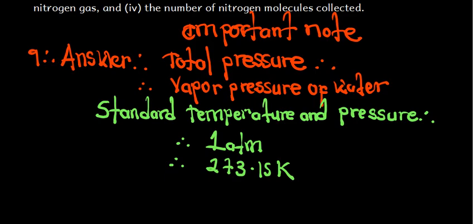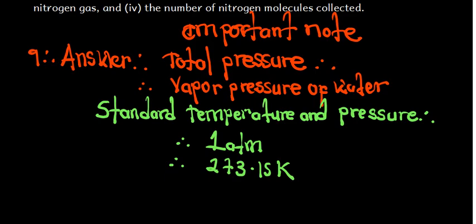So basically this is how it works out, because you know that the volume of the collected gas includes the volume of the water vapor. So to find the volume of the dry gas, you need to subtract the volume of the water vapor. So now in the total pressure there is a certain volume, and then we have a certain volume of the vapor pressure of water.